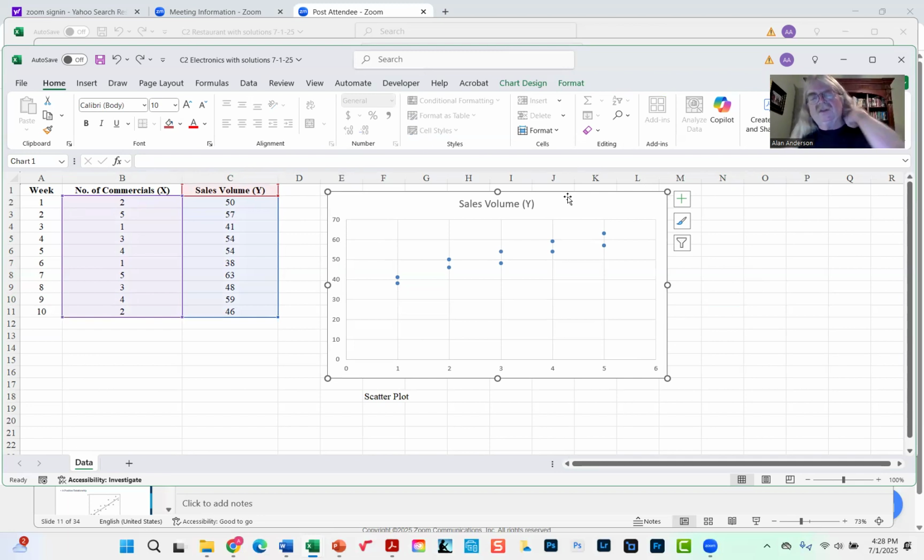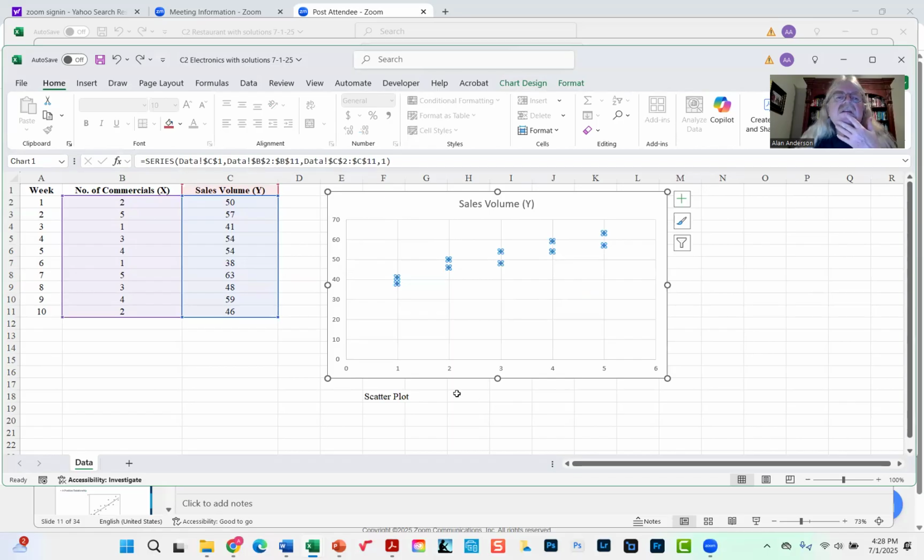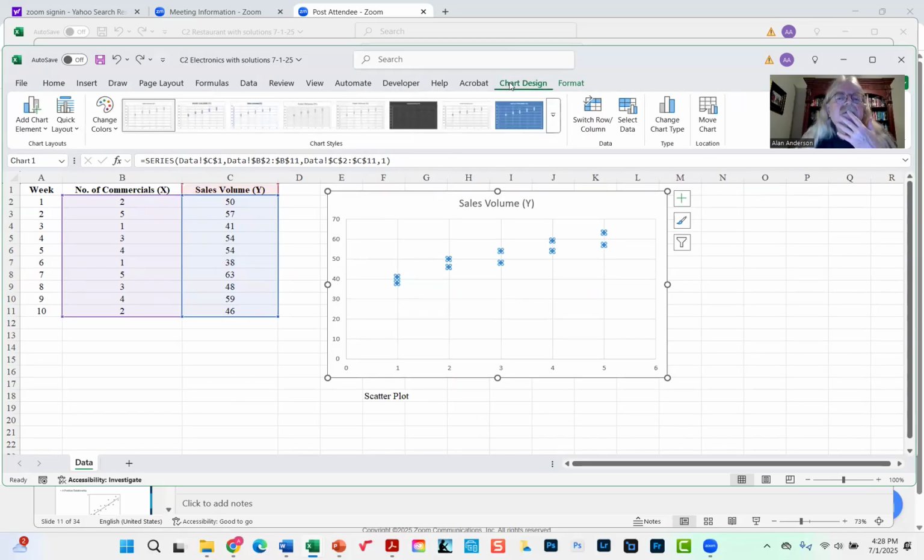So in order to label the axes, what you can do is select the graph and go to, actually, no, chart design won't do that. If you right click, no, maybe it is chart design. There it is.